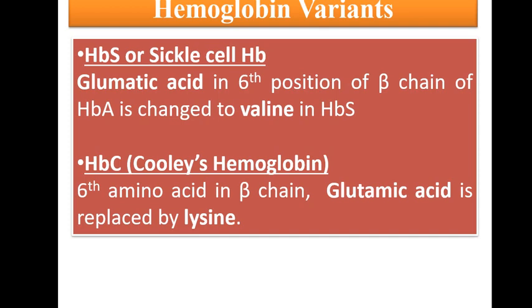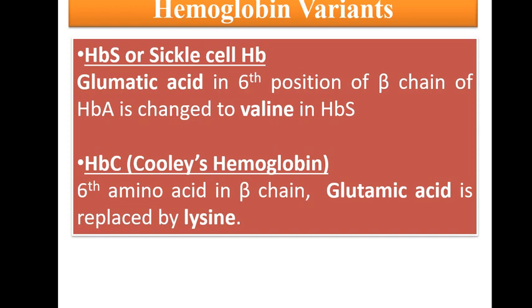The most common variant is HbS. HbS is also called sickle cell hemoglobin. This sickle cell hemoglobin is produced in the body because of a genetic mutation. The genetic mutation takes place at the 6th position of the beta chain.